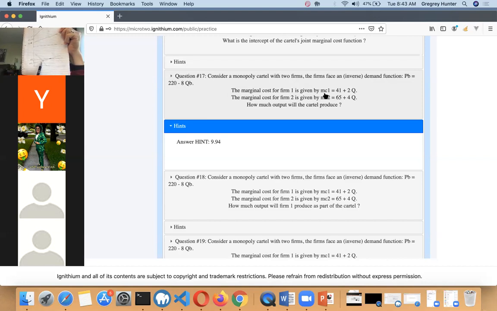So if I set the marginal revenue, 220 minus 16Q, equal to the low cost marginal cost function, which is 41 plus 2Q, I'll just write that down. So MR is equal to MC1. I have 220 minus 16Q equals 41 plus 2Q.